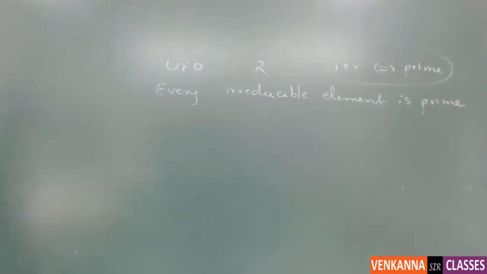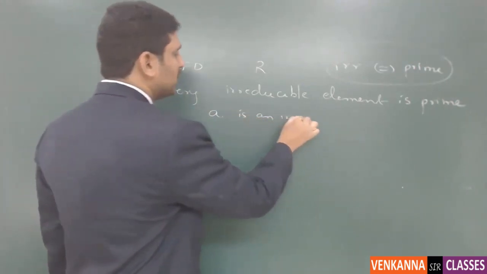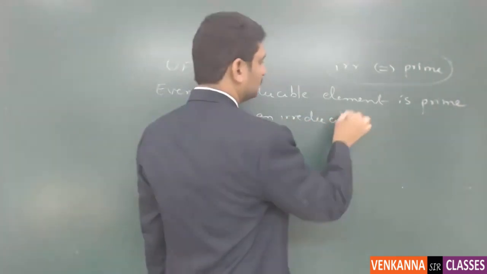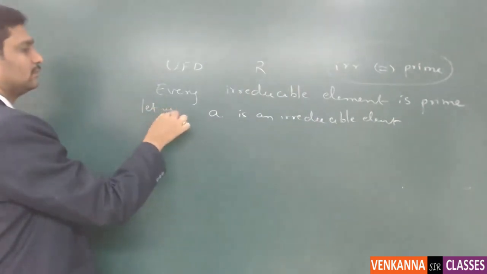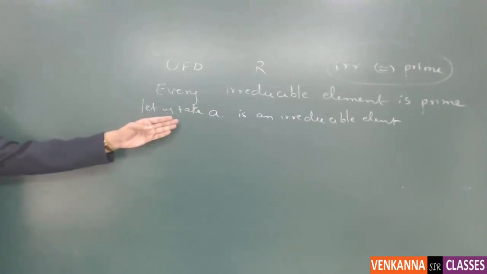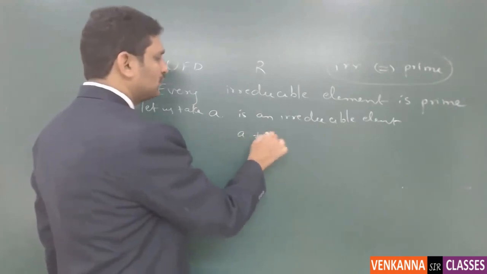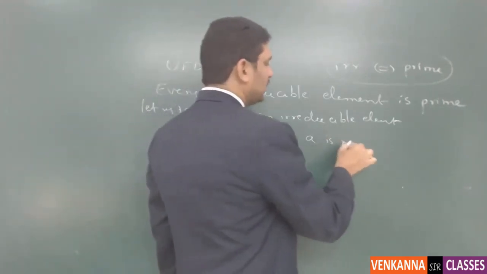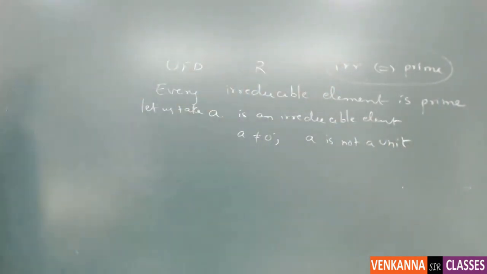Right? Now let us go for it. Let us take A to be an irreducible element. From the very definition of irreducible element, A is non-zero and A is not a unit.